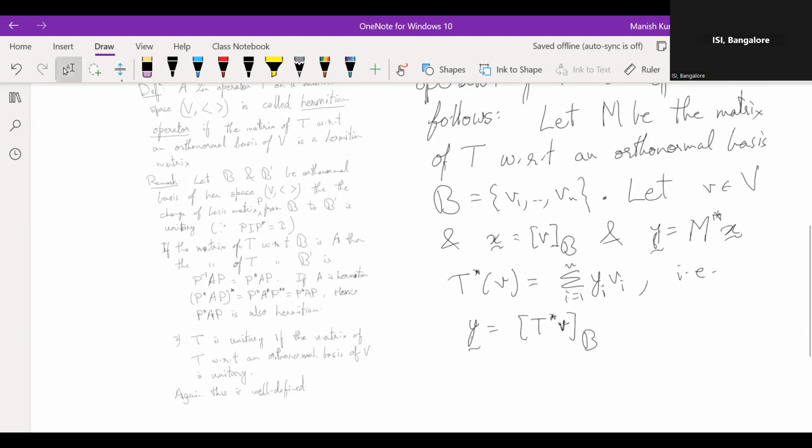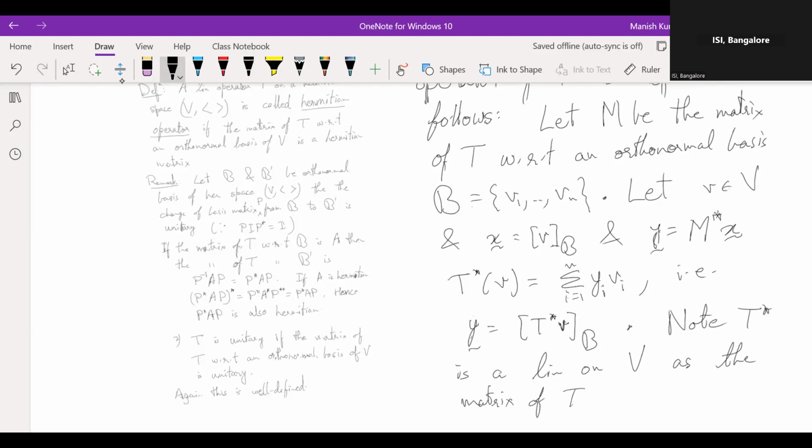So note T star is a linear operator on V, and the matrix of T star with respect to B is M star. Okay.